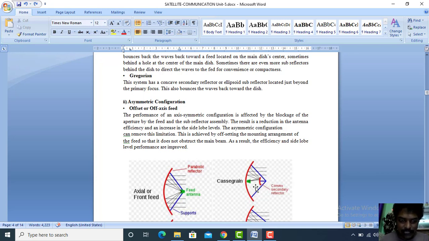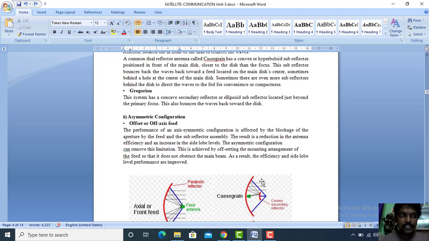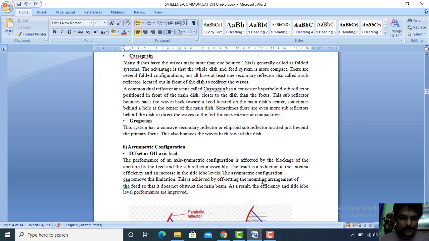The entire signals are given to it, and from there they are propagated to the sub reflector, which is located in front of the dish to redirect the waves.